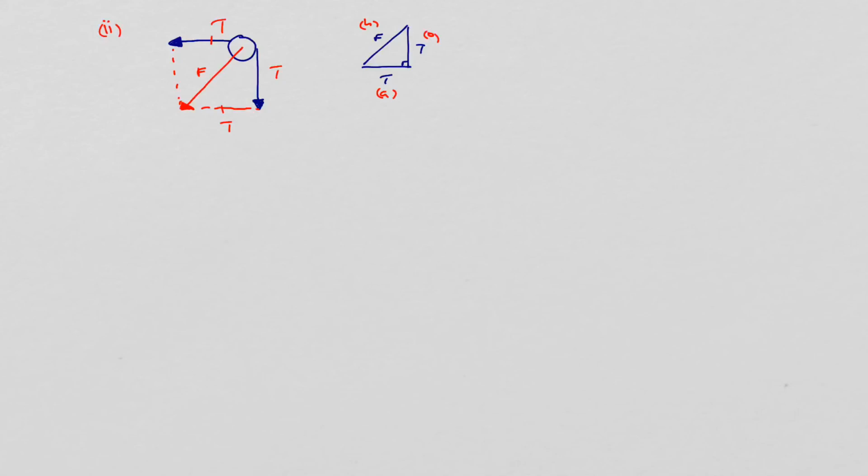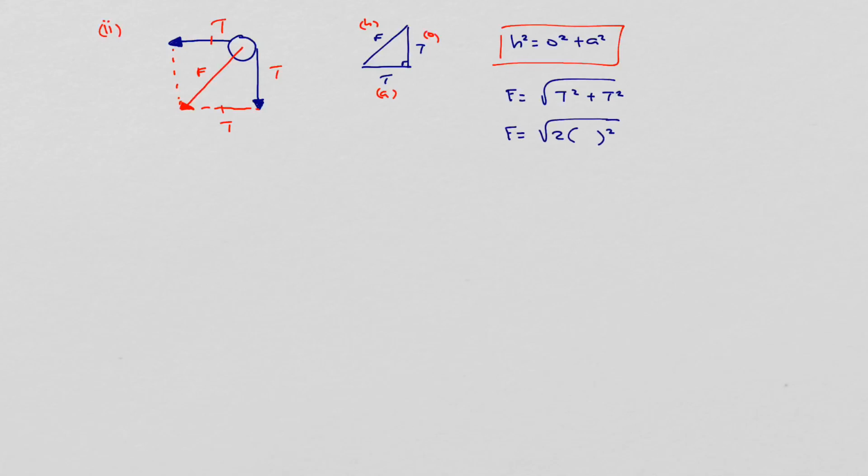And then what we can say is that the hypotenuse is equal to O squared plus A squared. In other words, F is equal to the square root of T squared plus T squared, which is 2T squared. But we know that T is 10g over 3.